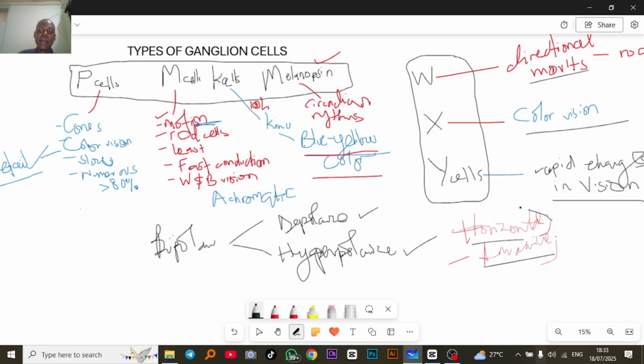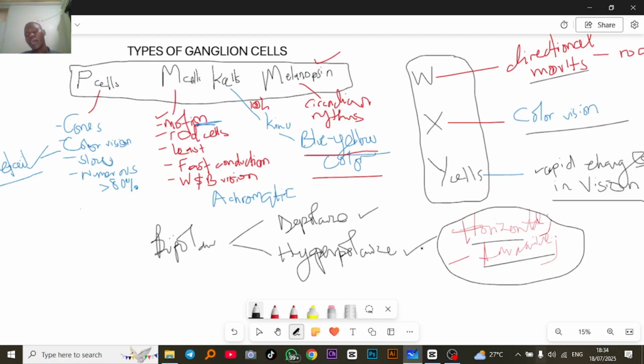These are the cells that will provide the lateral inhibition. They release neurotransmitters like GABA, you get, which will inhibit nearby cells so as to have contrast in one particular bipolar or ganglion cell, respectively, where they are found. Horizontal for bipolar, then the amacrine for the side of ganglion cells.